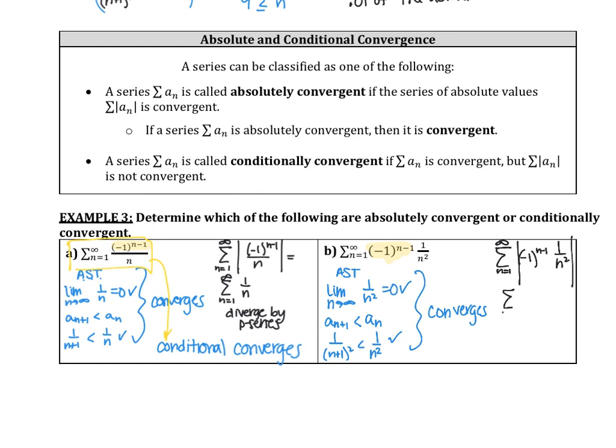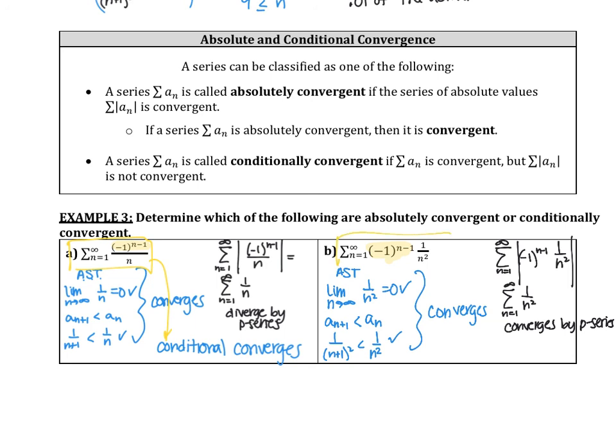So is the series of 1 over n squared convergent or divergent? Well, we know this converges by the p series, because here p is 2 and 2 is greater than 1. So this converges by the p series.